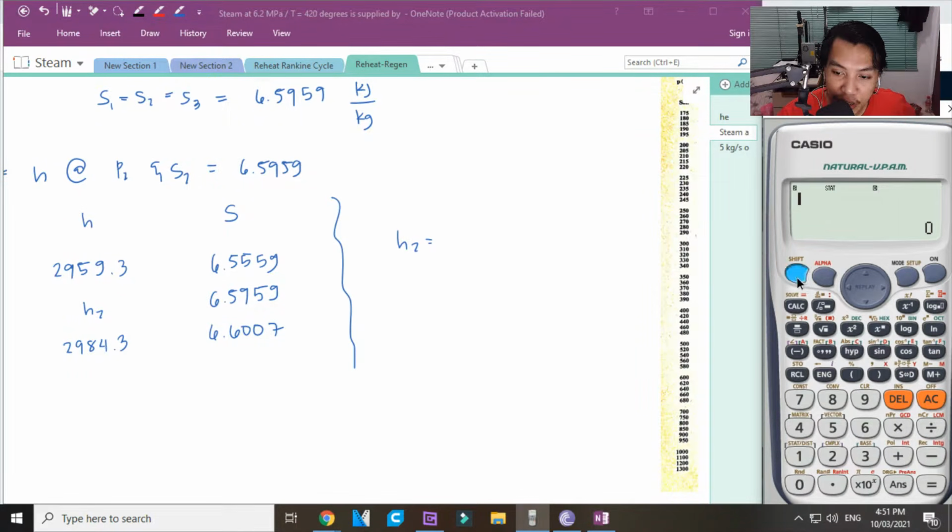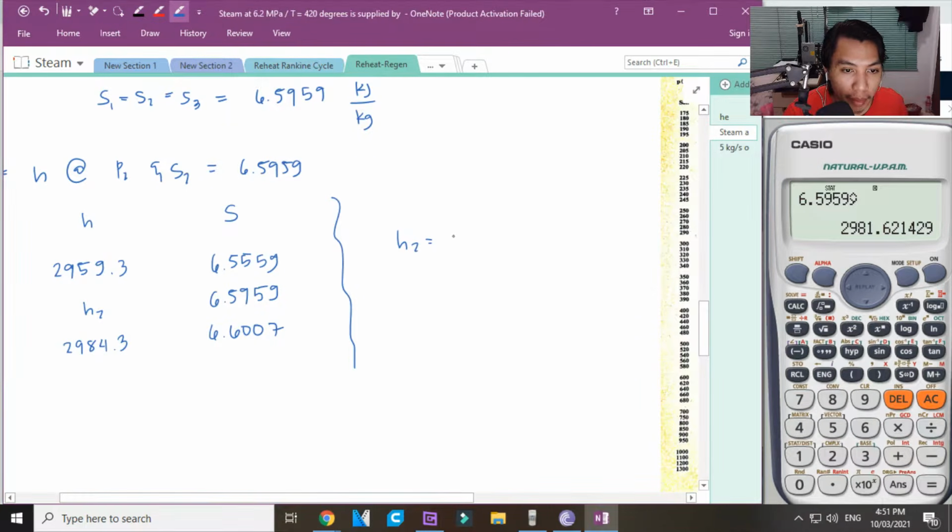Press AC, shift 155. Ilagay mo dito yung hinahanapan mo which is 6.5959. And then the value is 2981.6214 kilojoules per kilogram. You have H2 na.